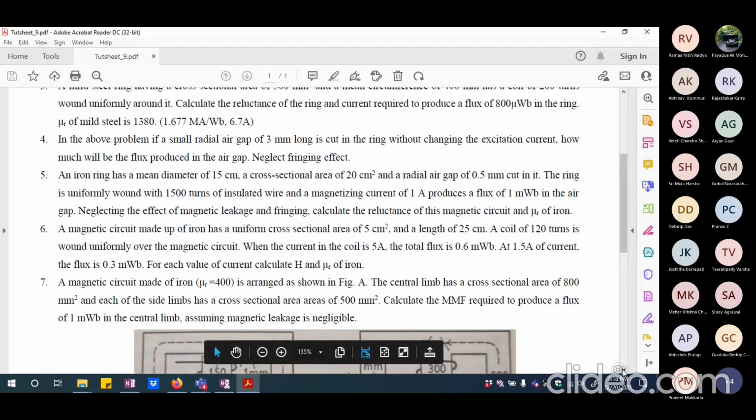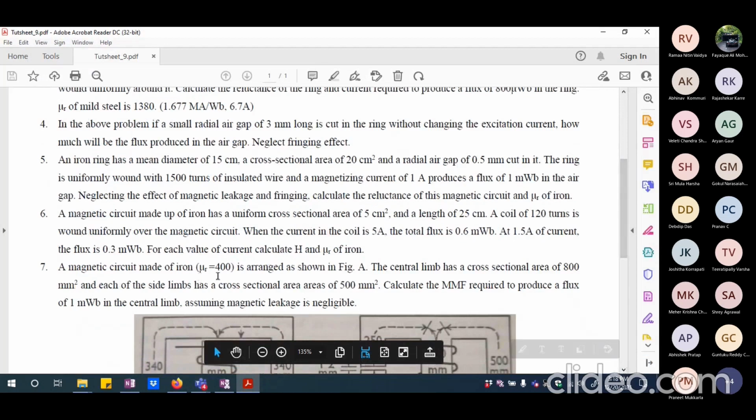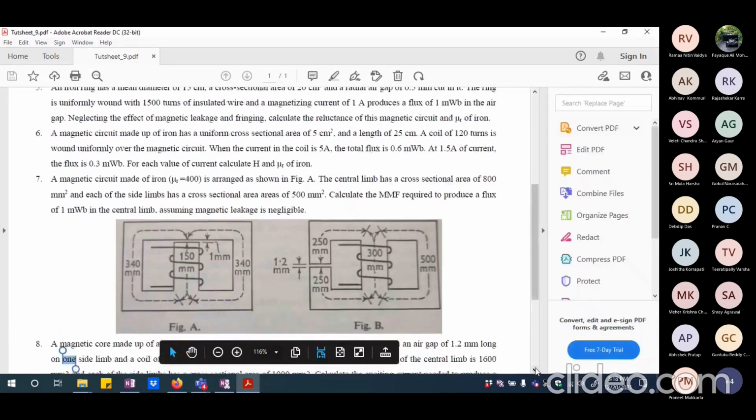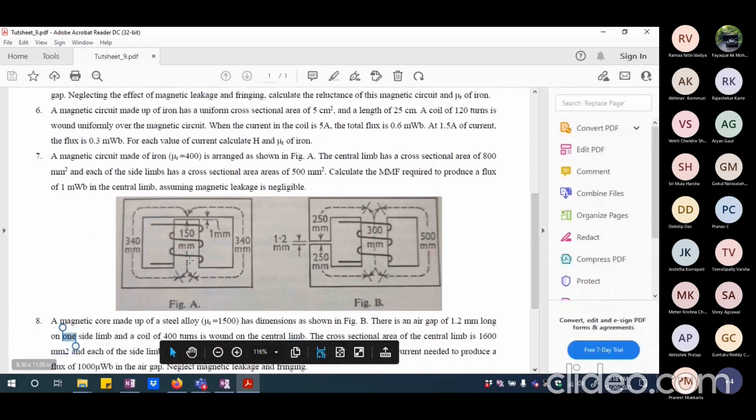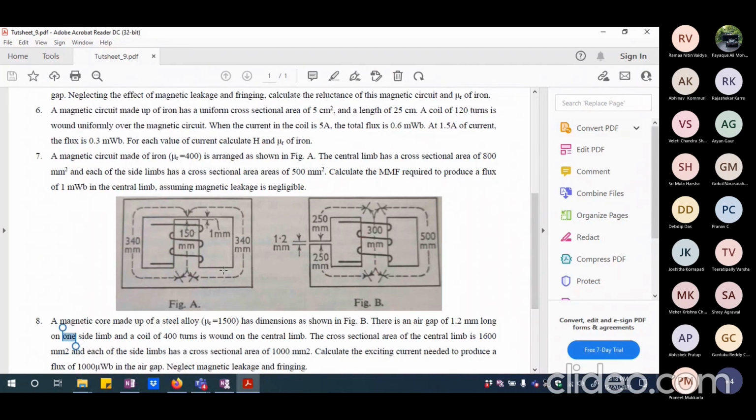See, seventh problem. Seventh problem is a magnetic circuit made up of iron, mu R is 400, arranged as shown. Figure A shows that you are going to have a small air gap here. Please note there is a 1 mm air gap here.